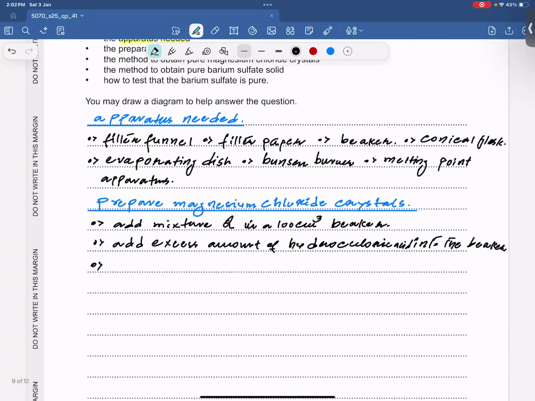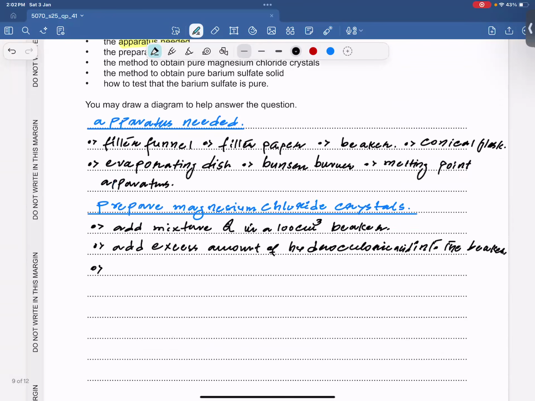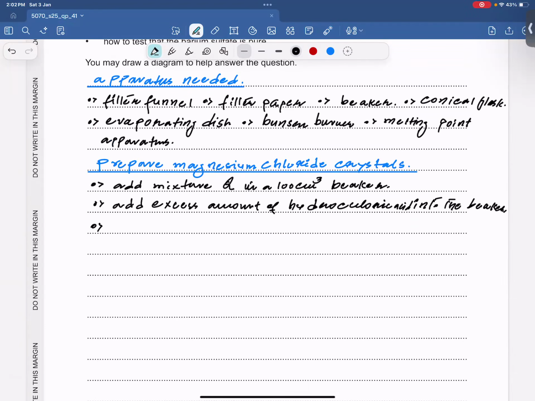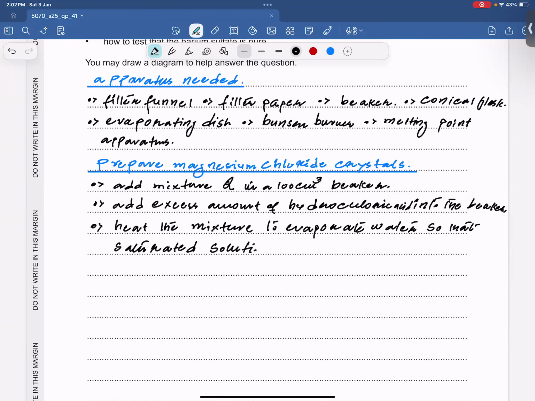Then heat the mixture to evaporate water so that a saturated solution is obtained.